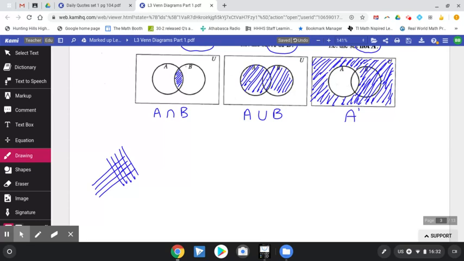So let's just take a look here before we get into all this shading. Remember that intersection, the symbol for intersection, kind of looks like an N. What we'll do for intersection is look at the overlap.